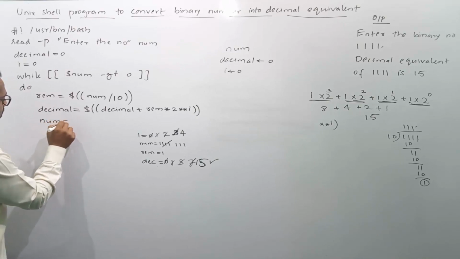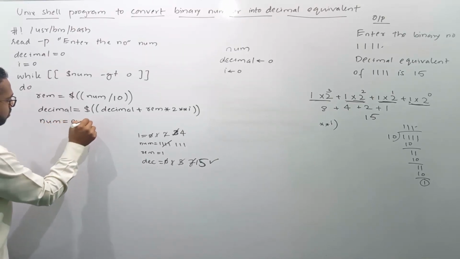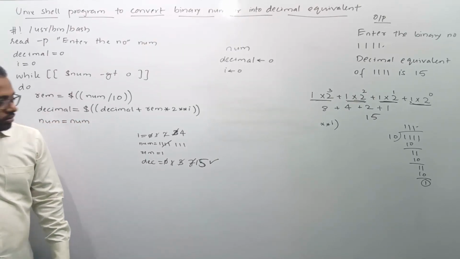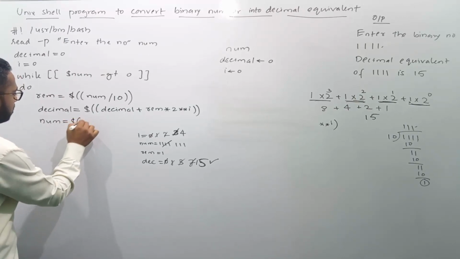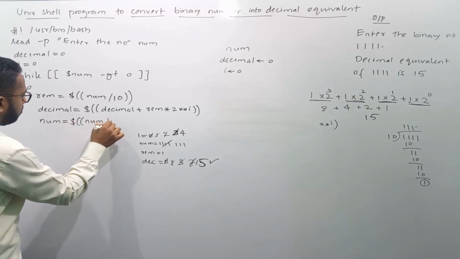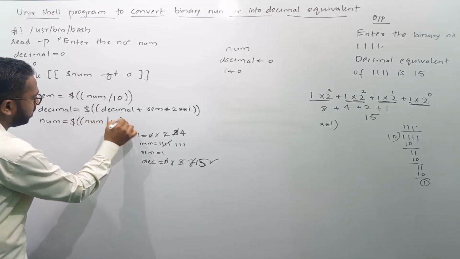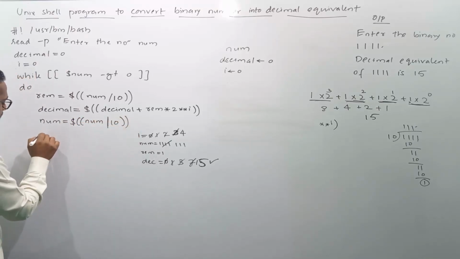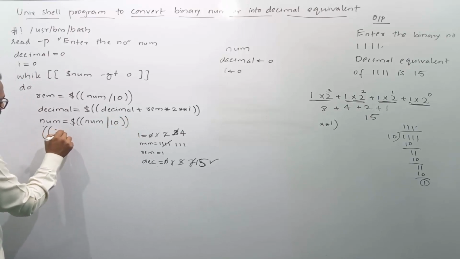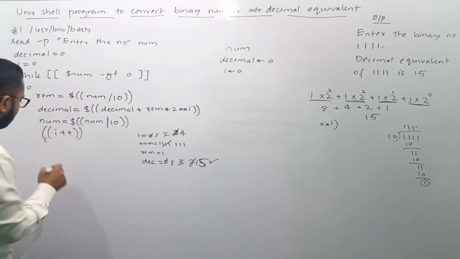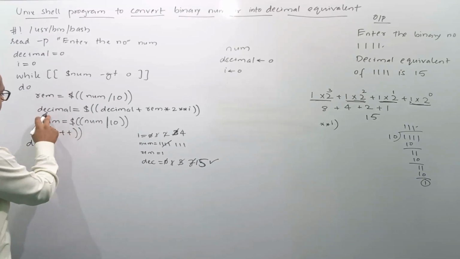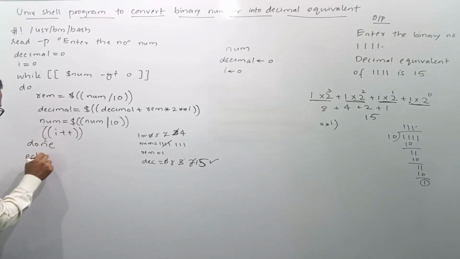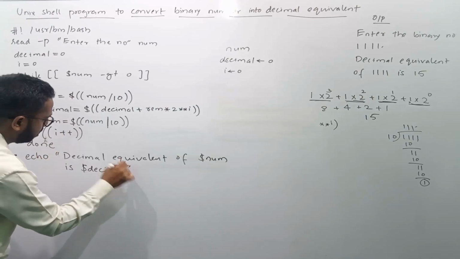Num is equal to $num by 10. Next I plus plus, then done. Okay. Next I need to print this decimal, echo decimal.